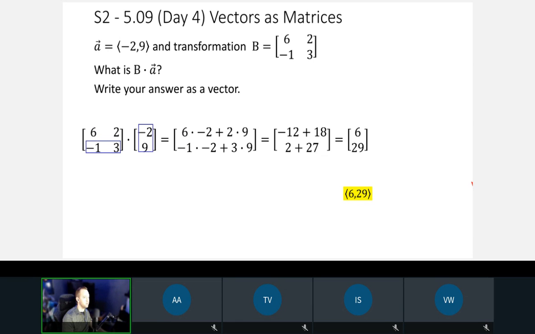The way I'm trying to make it fit for what you're saying, I probably wouldn't do it that way. Think of it this way. It's going to be a times x plus b times y for your top row, and then c times x plus d times y. You think of it like that.